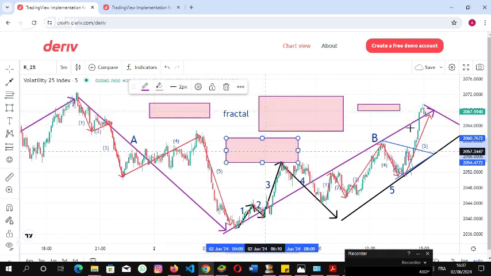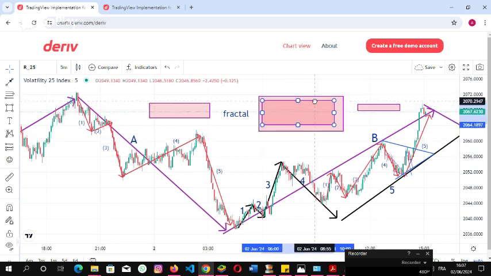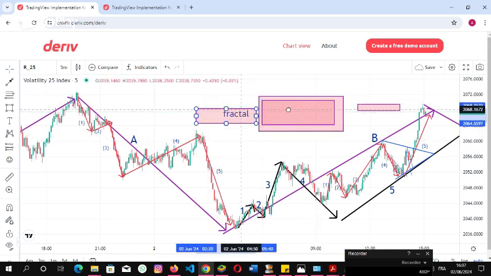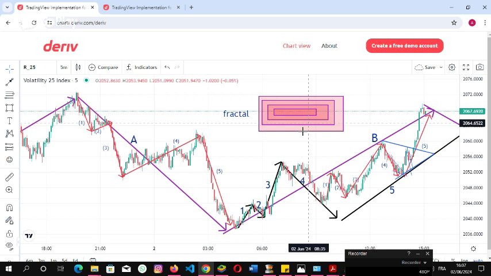These 4 different parts are simply miniaturized or reduced versions of the biggest one. They are the same thing in terms of shape. They look like the bigger one. That's how markets operate. Markets are fractal. And once you understand the concept of fractal markets, you are ready to trade and make profits. So I'm going to leave this fractal here.